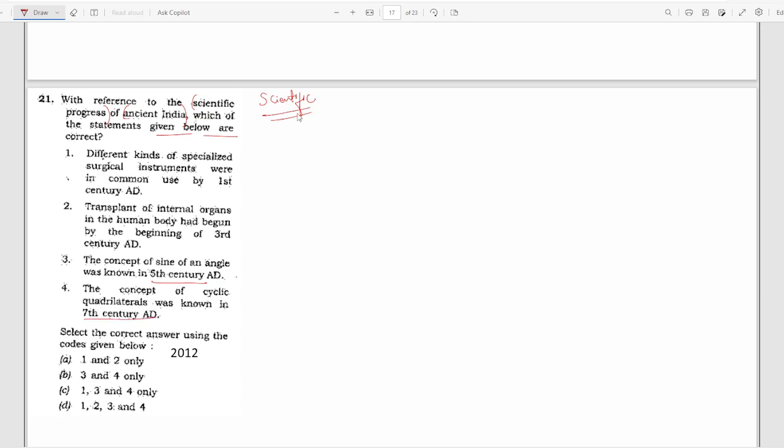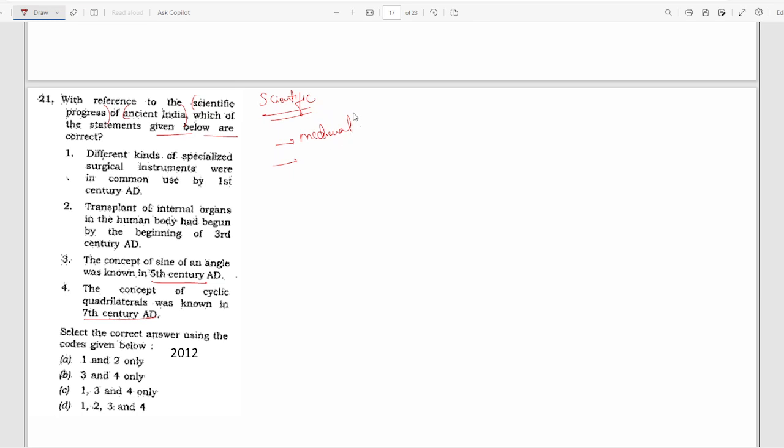So whenever you are reading about ancient India, you not just have to read about the society, you should also read about the scientific progress that had happened in that particular period. For example, in this case, they've asked about the scientific progress of ancient India. Next, they can ask about the scientific progress in medieval India, or the present world.